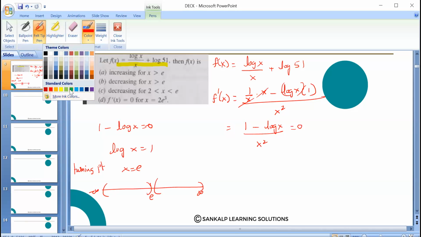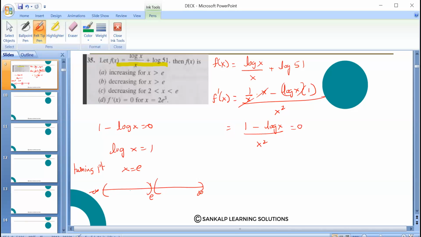Randomly take some numbers in each interval. Here you can take 2 and here you can take 3 and put it in f dash.